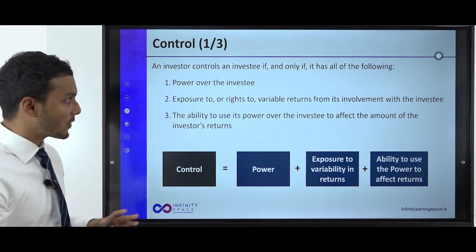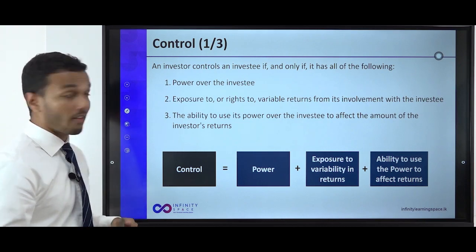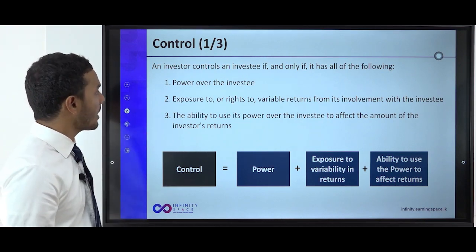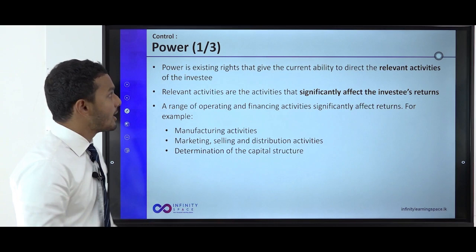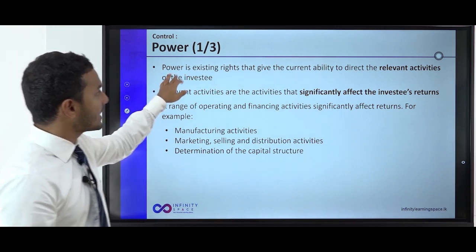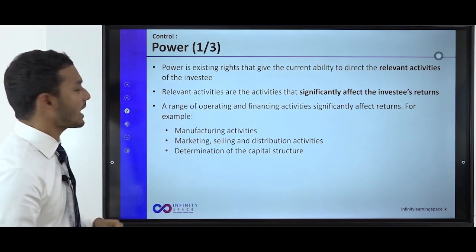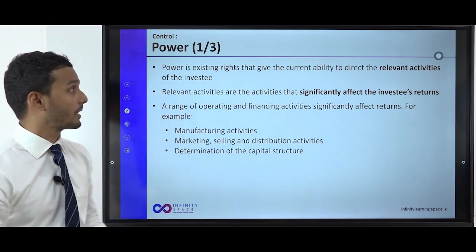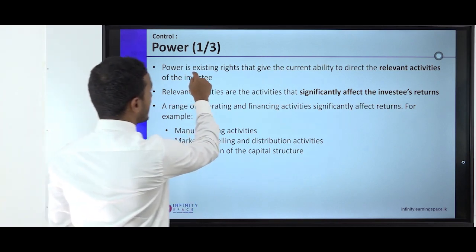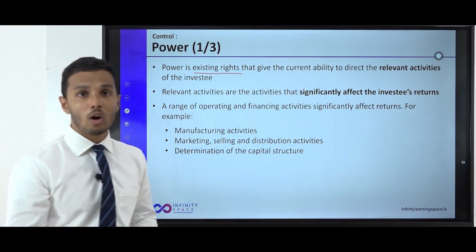So all of this sounds a little complicated. Let's get into each one and see what they mean, right? So first one, power over the investee. Power is defined as the existing rights that give the current ability to direct the relevant activities of the investee, right? So first one, it is existing rights, meaning the entitlements or authorities.